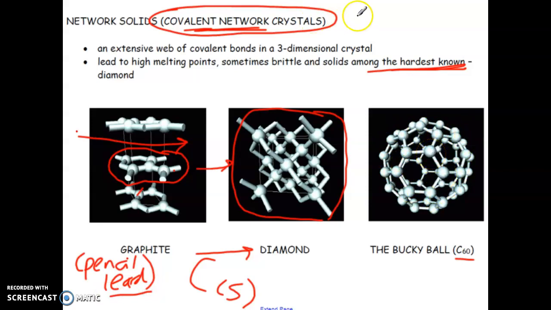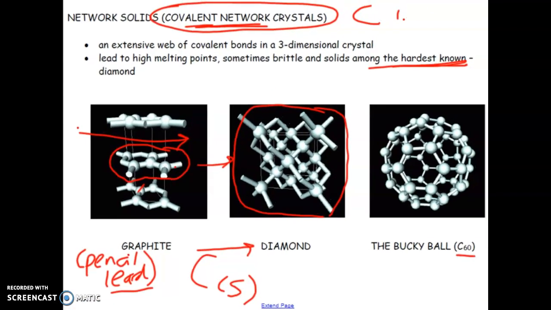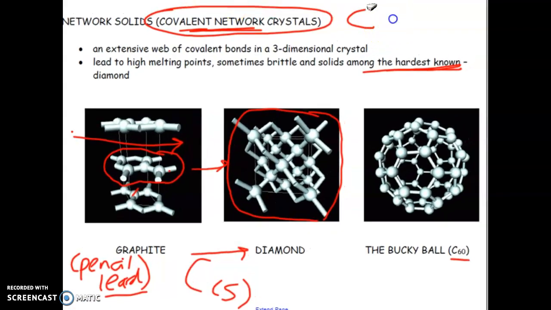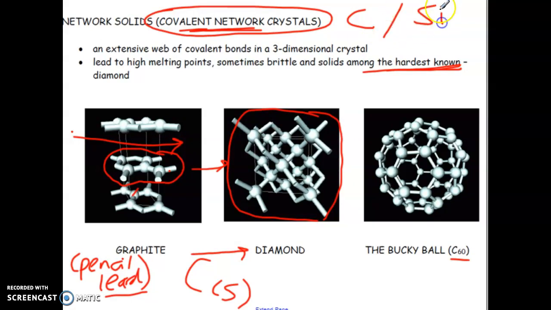So most network solids involve carbon. Okay, the most common ones are carbon. On a screen here, carbon and silicone structures. More specifically, silicone oxides. I'm going to put a little X here because it can be silicone dioxide, silicone tetraoxide.